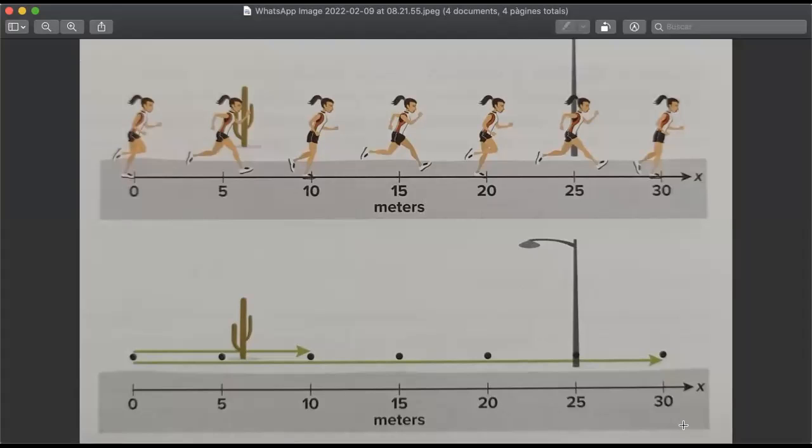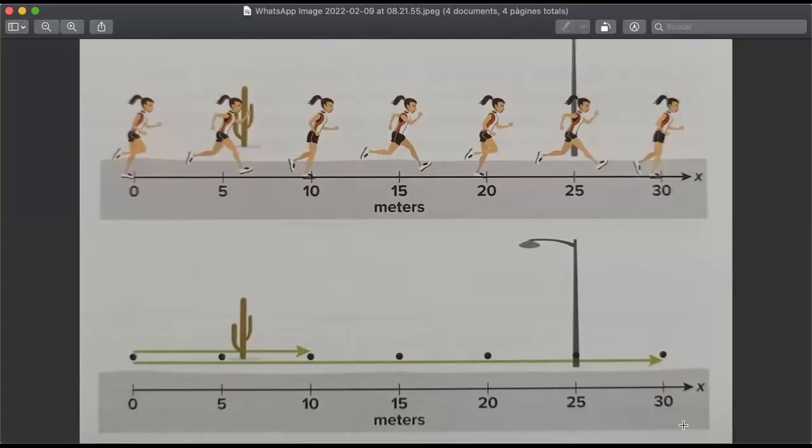For example, we look at a simplified motion diagram that uses dots to represent a moving object and arrows to indicate positions, right?